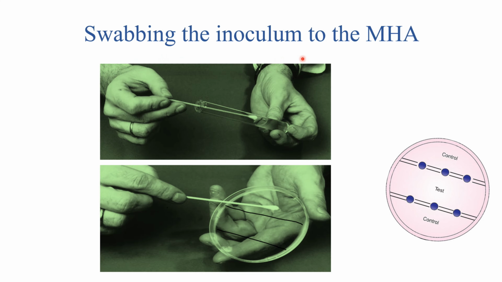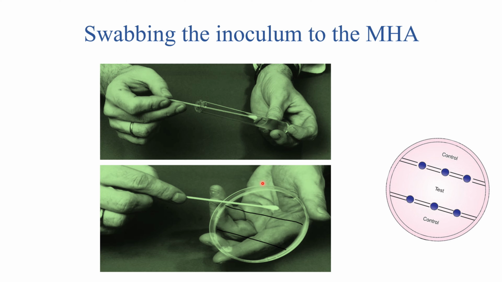Streaking of inoculum onto Mueller-Hinton agar. After checking the 0.5 McFarland standard, we will make three parts in the Mueller-Hinton agar in the case of the stock culture method. The first and third parts are control; here you can see this picture, and the center part is called the test.